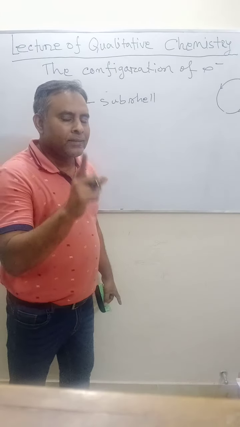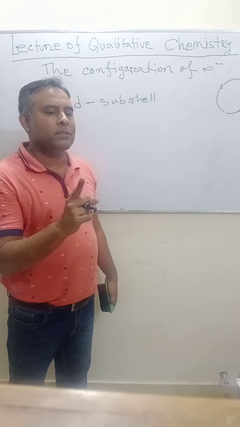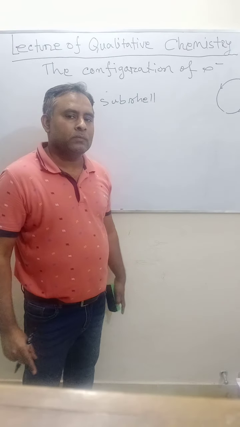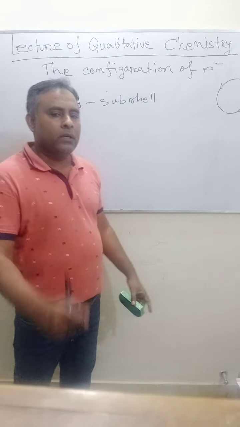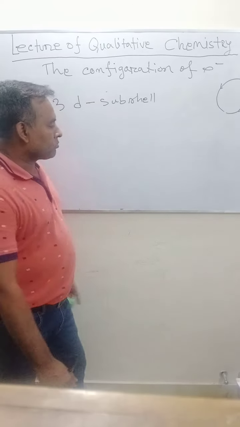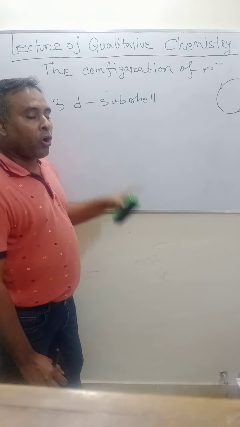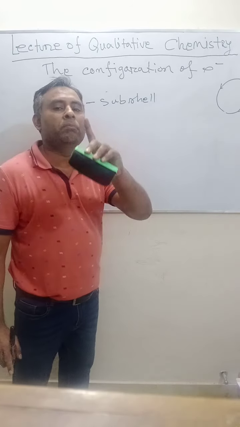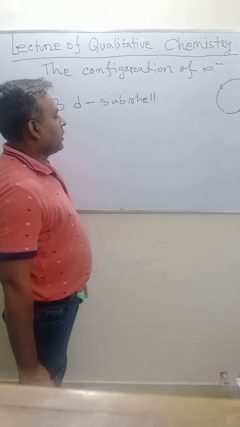You know that the 3d subshell has how many orbitals? In my previous lecture, I illustrated this. This d subshell is made of 5 orbitals.